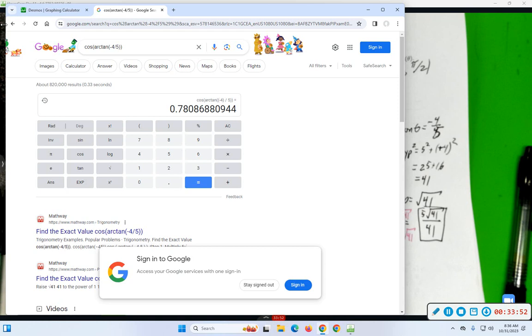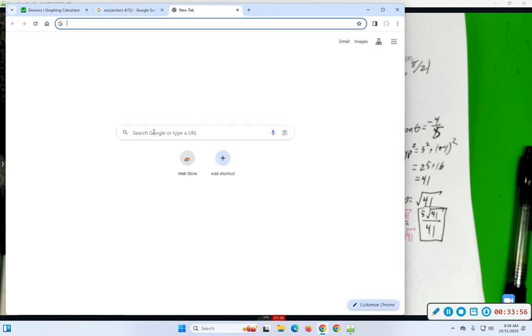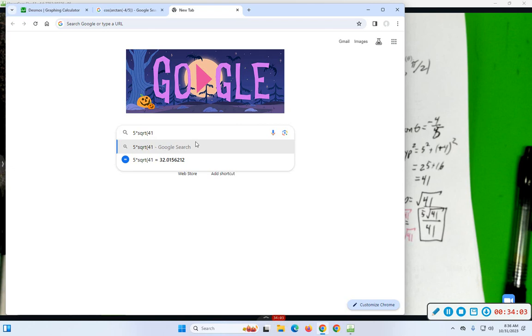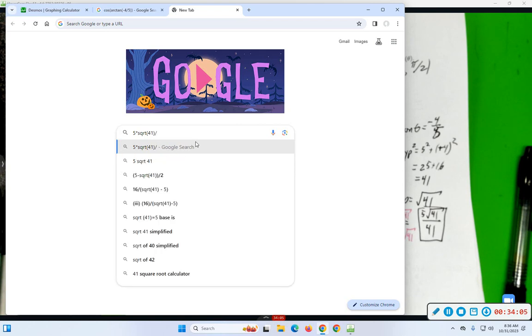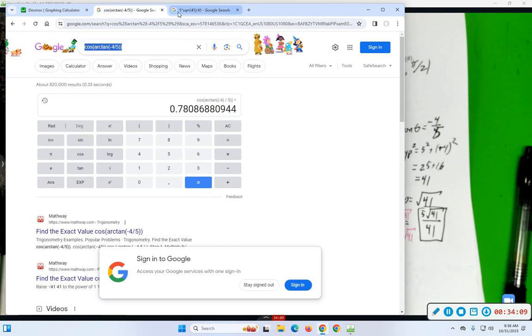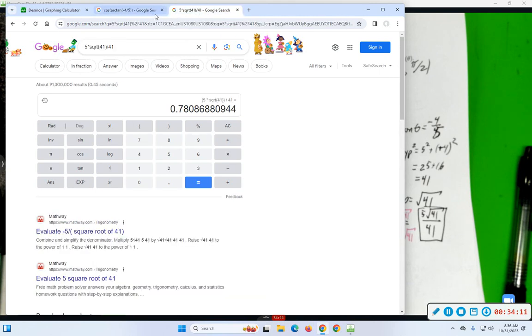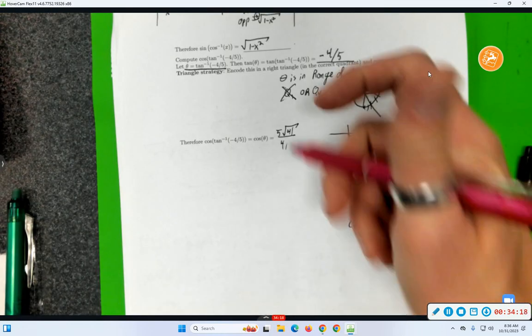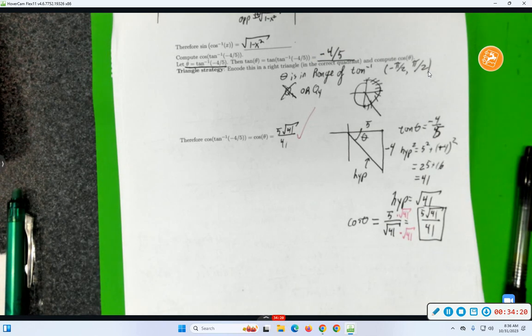Let's also compute, my memory is like a goldfish, 5 times square root of 41, close parentheses, divided by 41 is 0.78. Yep, they're the same. So, calculator check has walked out. Groovy.